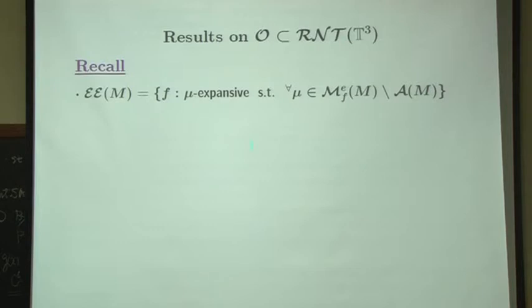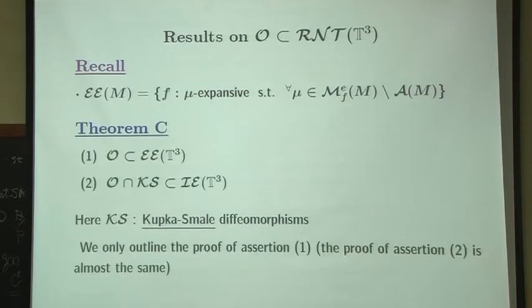For any ergodic measure, F is mu expansive. So we have Mañé's set is contained in EE of the three-dimensional torus. If it intersects Kripke's merit, then it is contained in the IE of T3.